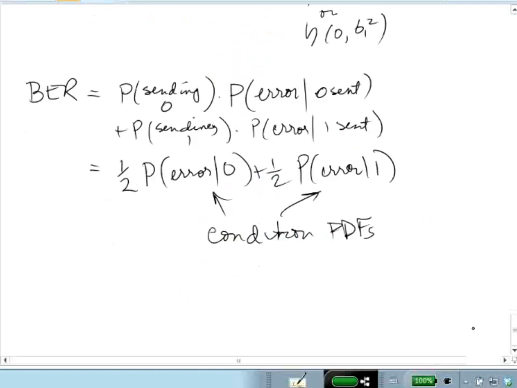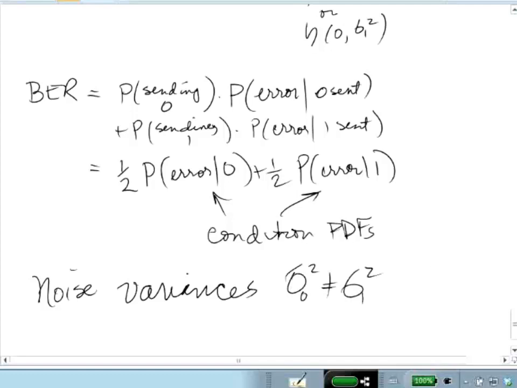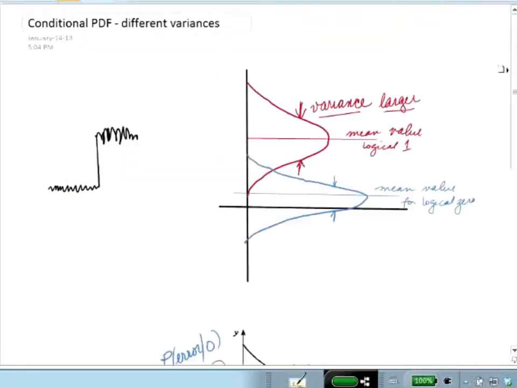Okay, so what happens when we don't have symmetry, when we don't have identical distributions? The noise variance is different: sigma 0 squared not equal to sigma 1 squared. Well, let's look at this case.